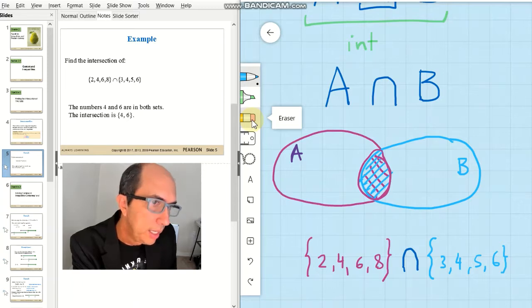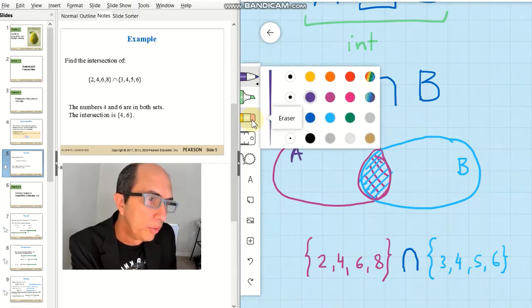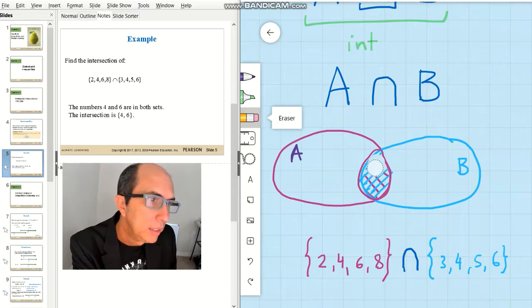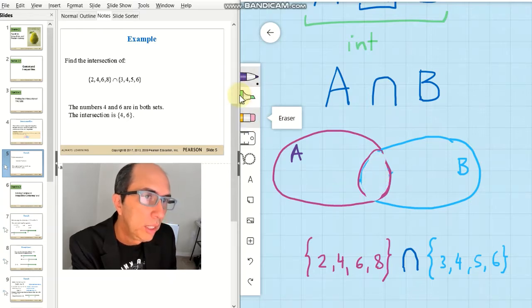So let's represent it here on the diagram. The number 2, can you find it on set A? Yes. Can you find it on set B? No. That means, let's open some space here, that 2 is on this side. Number 4 is on the set A and on the set B as well.